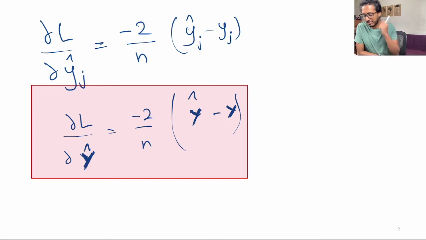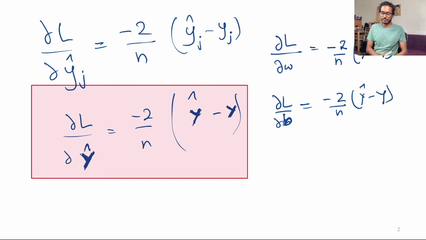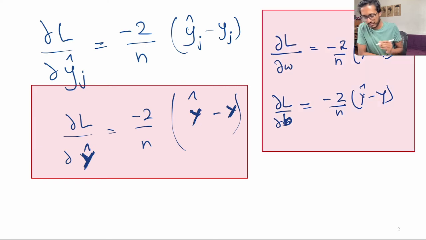Now using our previous calculations, we can say that the partial of L over W is 2 over n (y hat minus y) times x, and the partial of L over B is 2 over n (y hat minus y). So these are what we will be using.